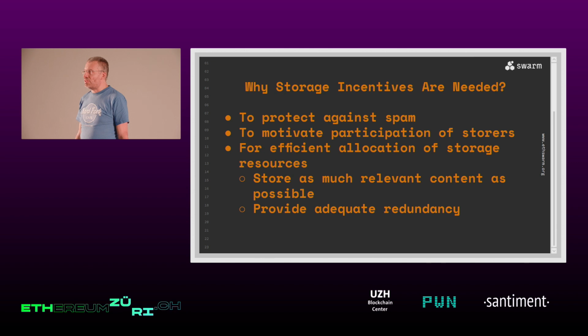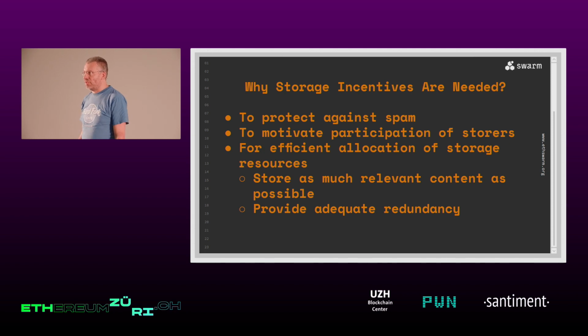So we need an incentive system in order to motivate participation of storers. And also we need an incentive system in order to make the allocation of storage resources efficient. So basically to store as much relevant content as possible.